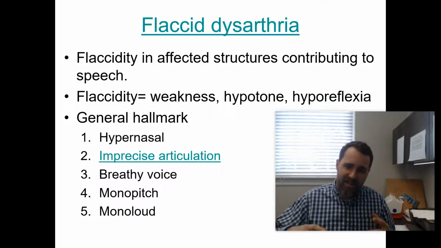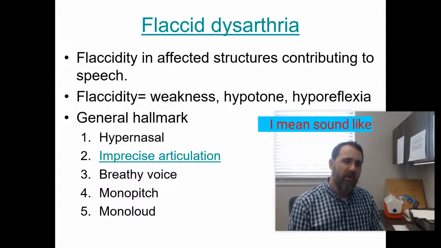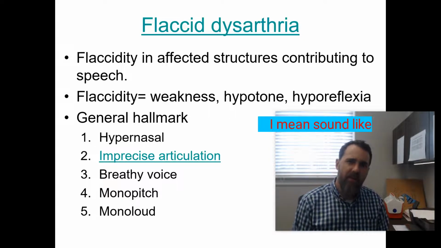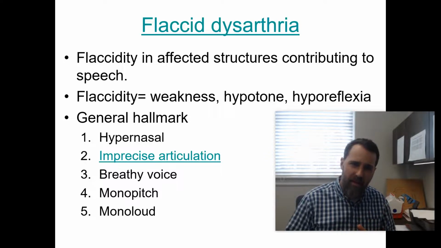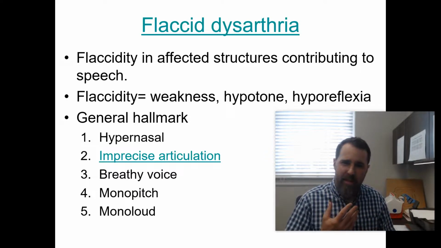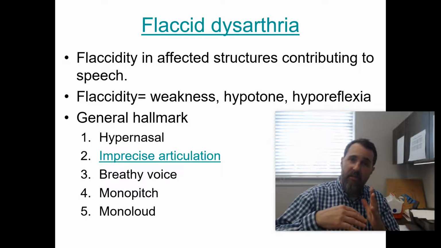If I were to say generally what does flaccid dysarthria look like, the most common characteristics tend to be some hypernasality, some imprecise articulation. So hypernasality meaning flaccidity of the velum.